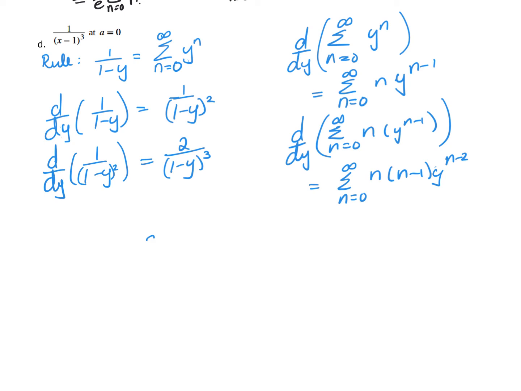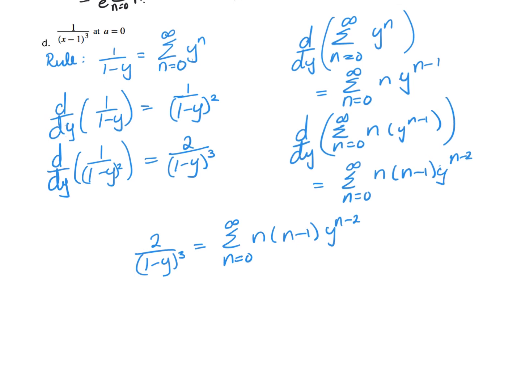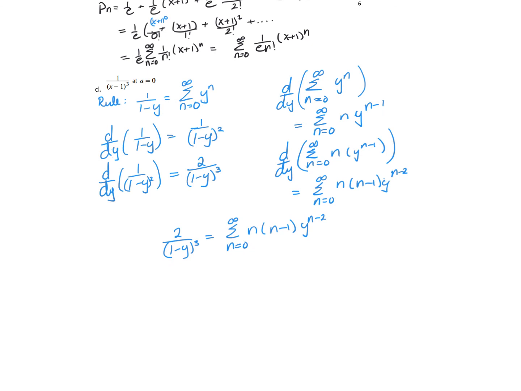So 2 over (1 minus y) raised to the third power is going to be equal to the summation of n equals 0 to infinity of n times (n minus 1) y to the n minus 2. Now, that was in y. That's my goal. I took my rule, and I did derivatives twice. What I have, however, is not y. What I have is 1 over (x minus 1) raised to the third power.